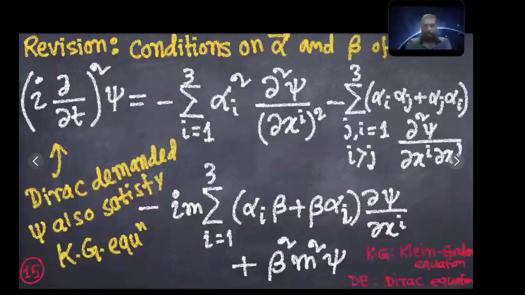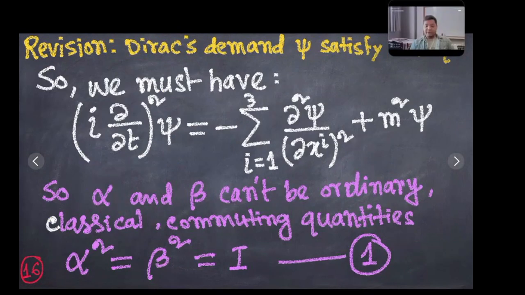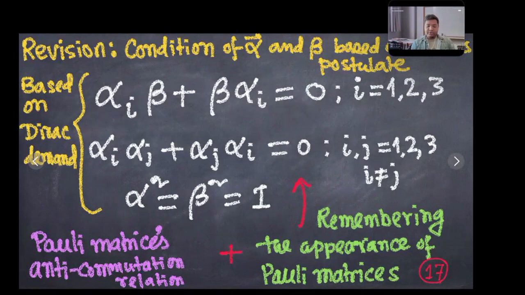Based on that assumption, we can find the relations between alpha and beta: there is an anti-commutation relation between the components alpha i and alpha j, and we also find alpha squared and beta squared. So this is a given tool for us to play with the alpha and beta matrices, the Dirac matrices, that he used when he postulated the Dirac equation.